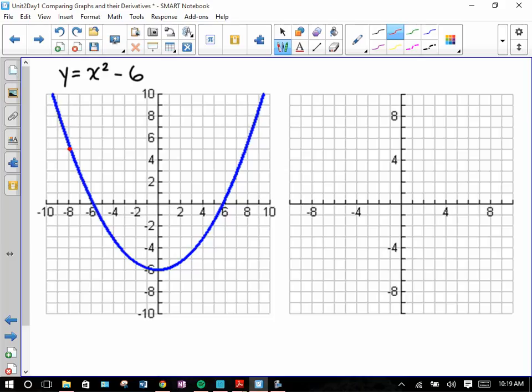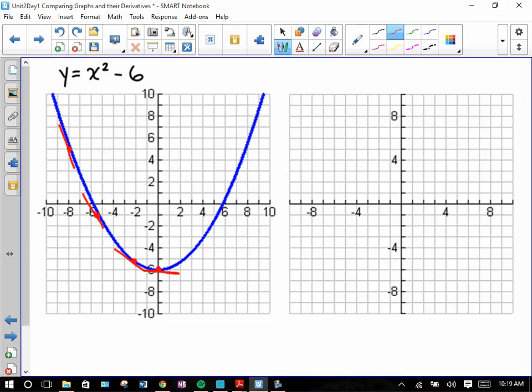We'll look at a line that's tangent right here, so it's going to look something like that. A line that's tangent maybe right here, going like that. And a tangent line right here, looking like that.